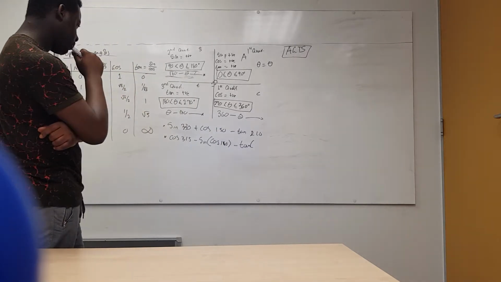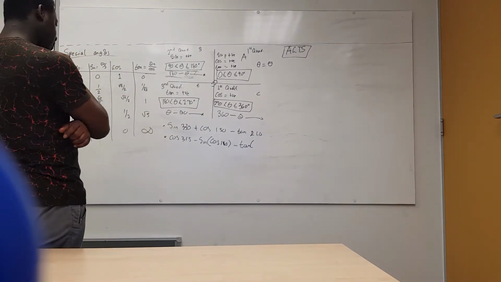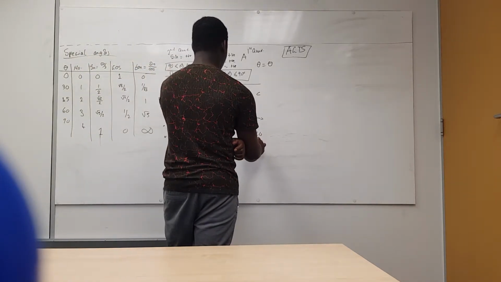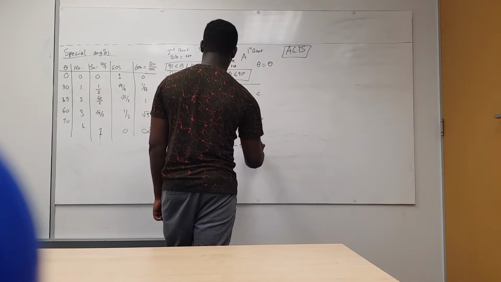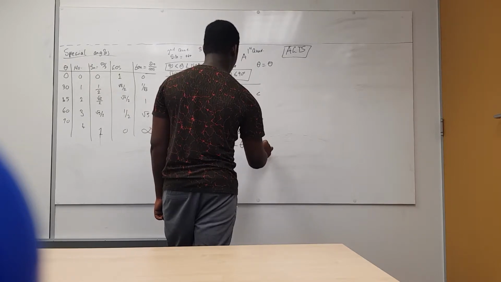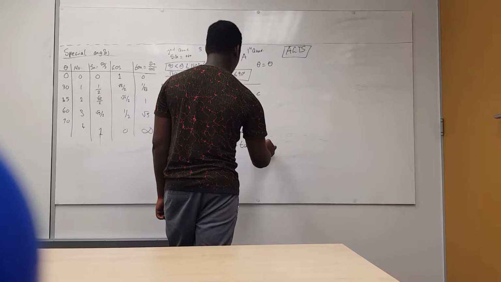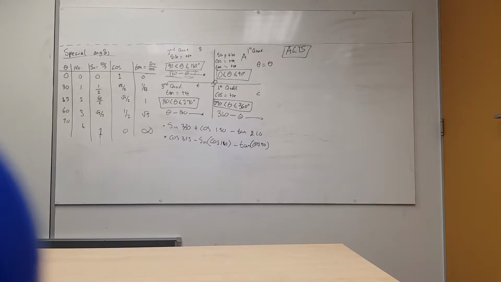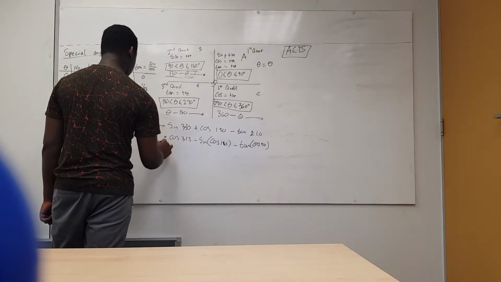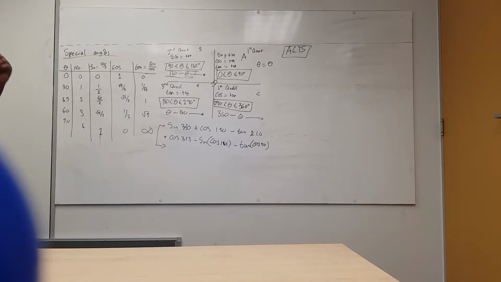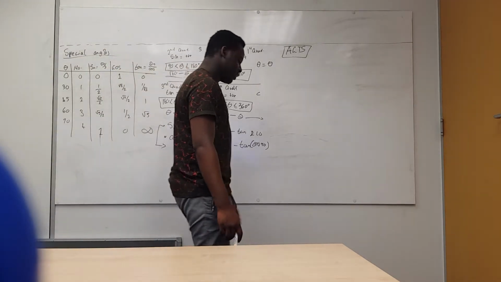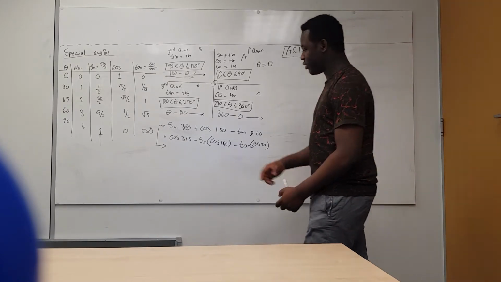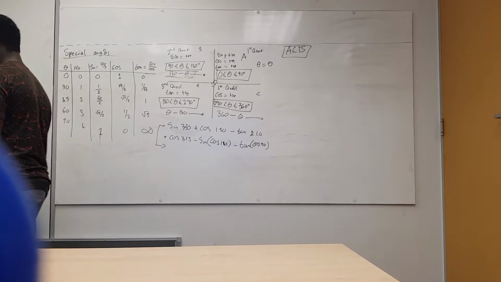Let me see. Okay, so the first one, cosine. Sorry, my handwriting is becoming a little nasty, because it's too low. Sine of 330.